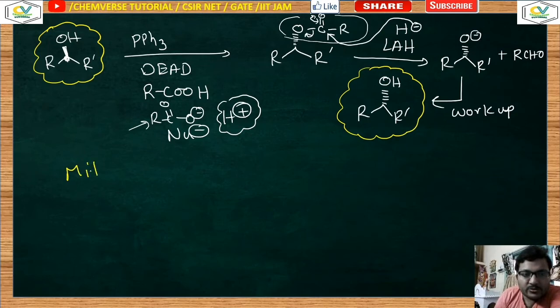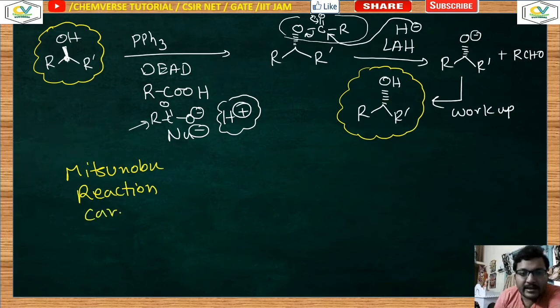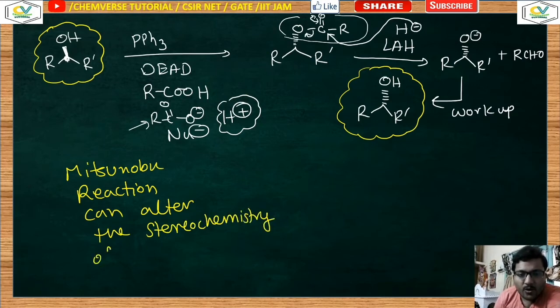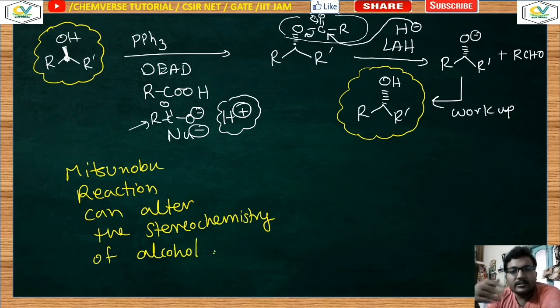So the Mitsunobu reaction can alter the stereochemistry of alcohol. Suppose this OH is present in the below position. Now after the reaction, it will be present in the above position.